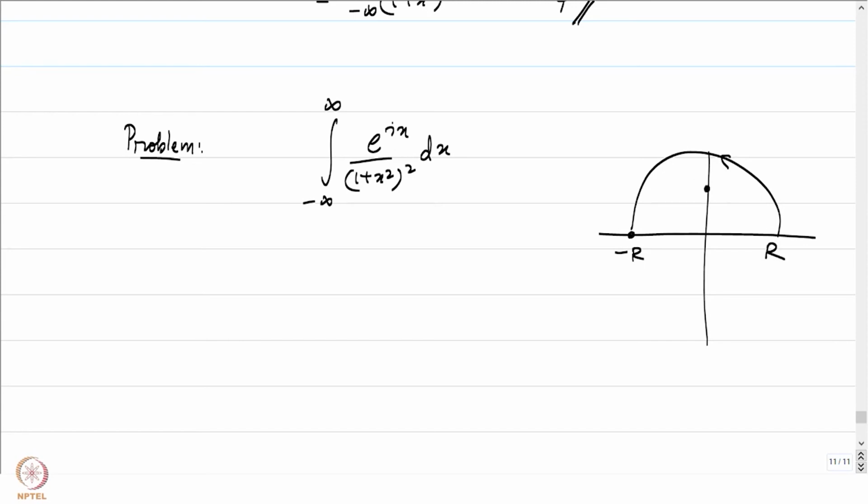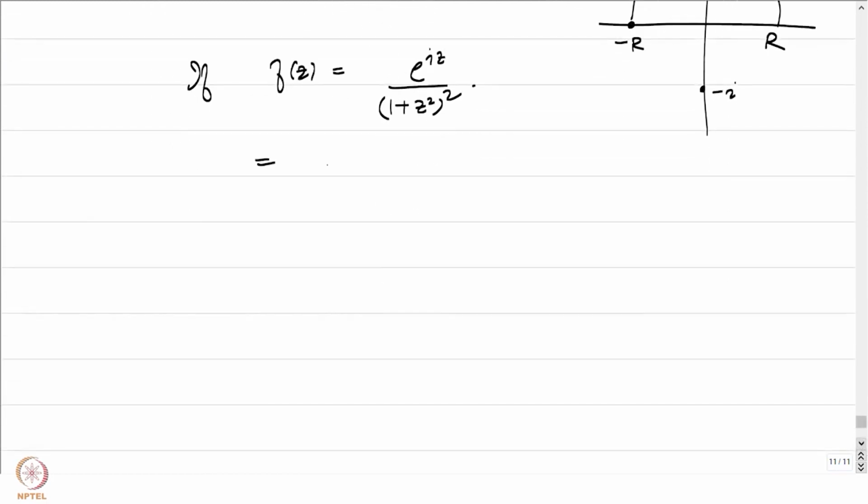Again the points of interest to us will be I and minus I. If f of z is taken to be equal to e to the power iz by (1 plus z square) the whole square, this is going to be 1 by (z minus I) the whole square times e to the power iz by (z plus I) the whole square.